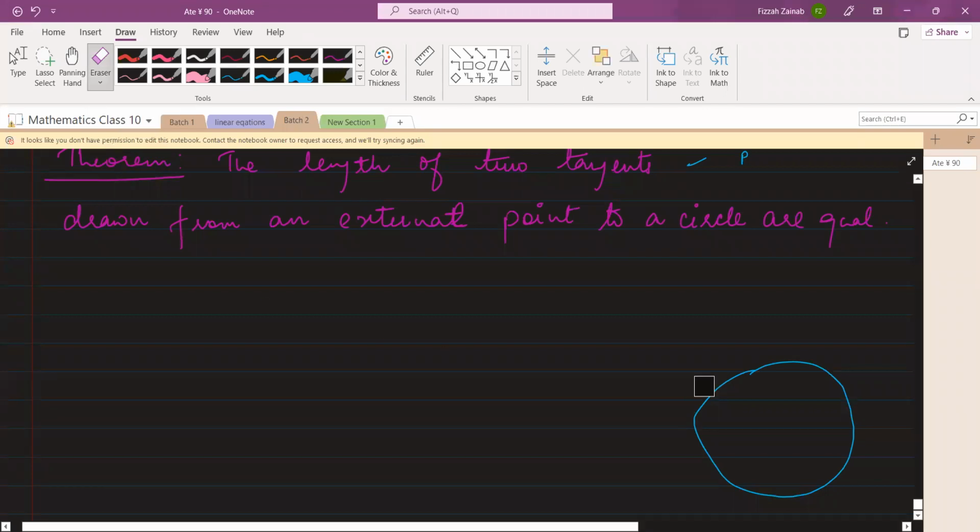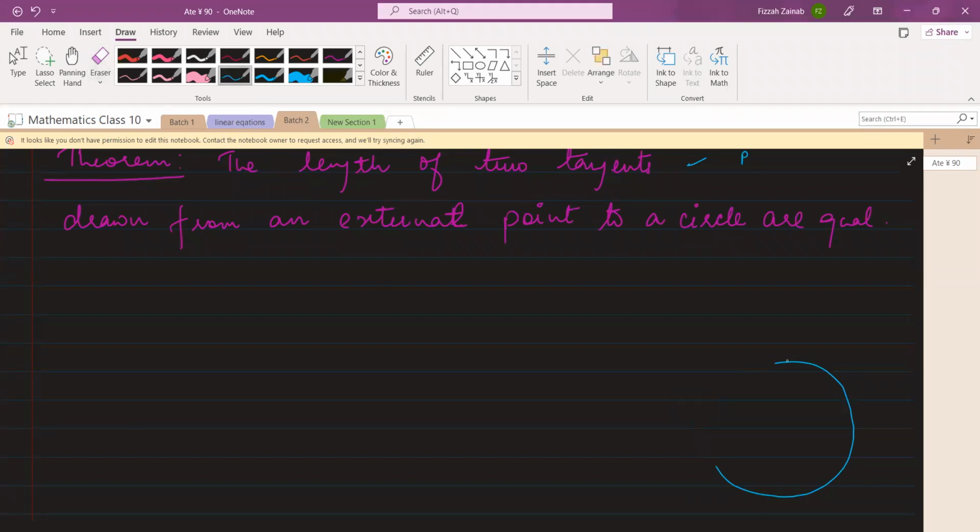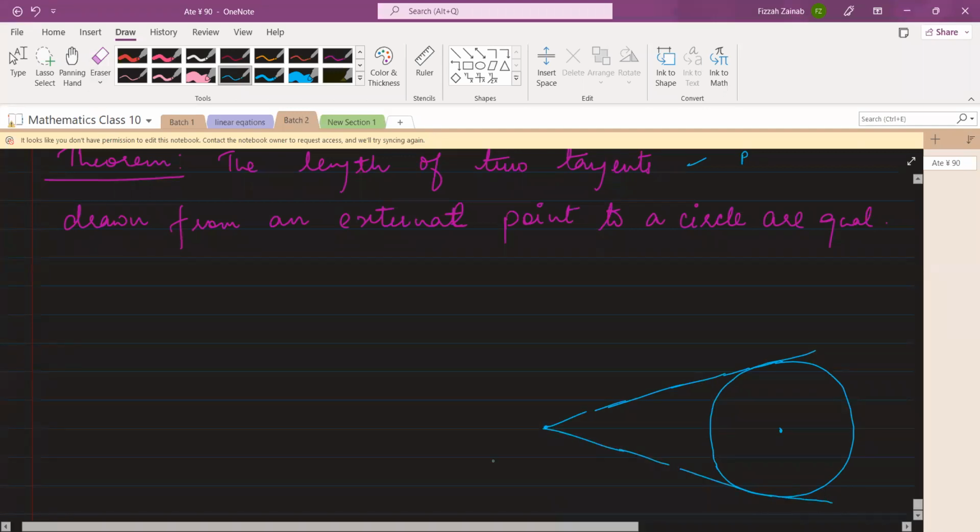This is the center O. You take any point outside it, say A, and then draw two tangents, AP and AQ.